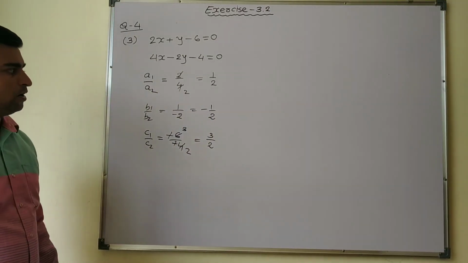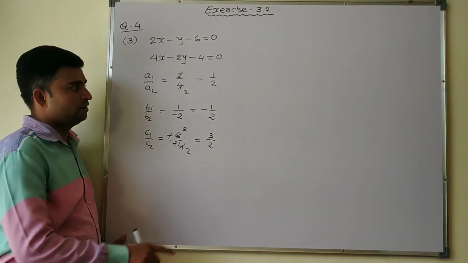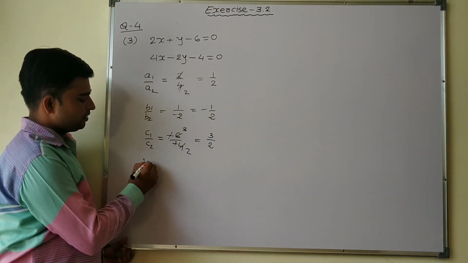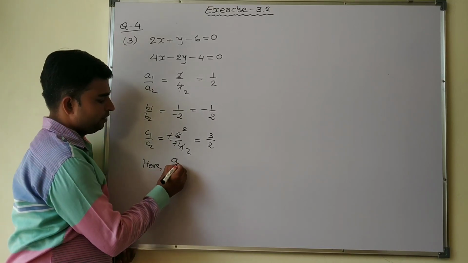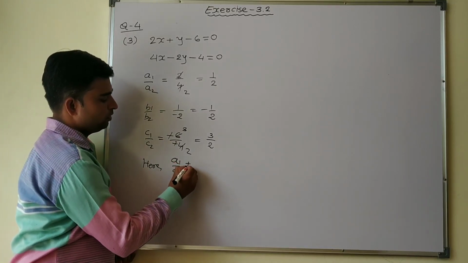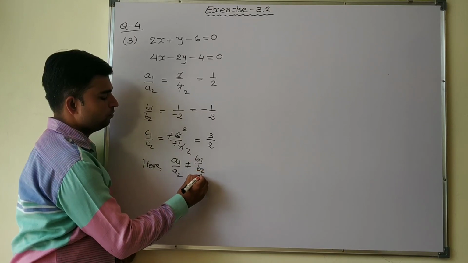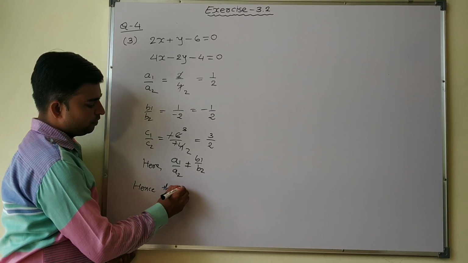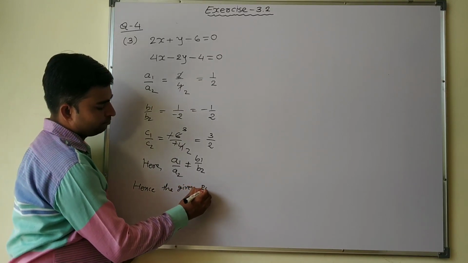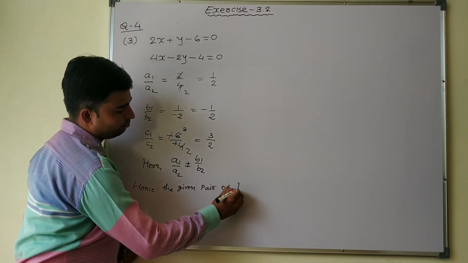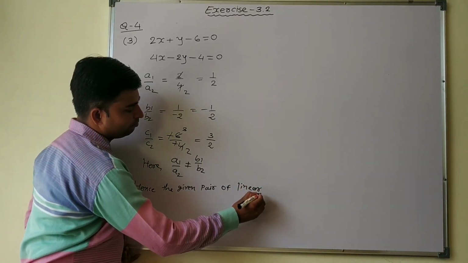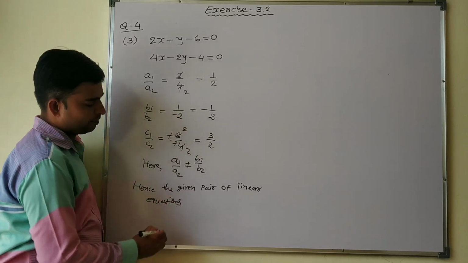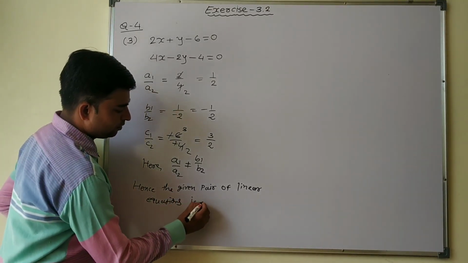Here we observe that all the ratios are different: 1 upon 2, minus 1 upon 2 and 3 upon 2. So we can say A1 upon A2 is not equal to B1 upon B2. Hence, the given pair of linear equations is consistent.